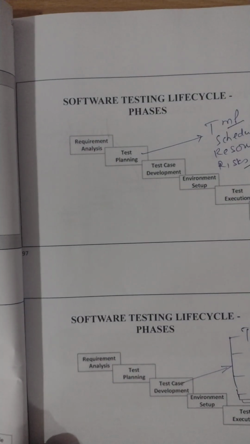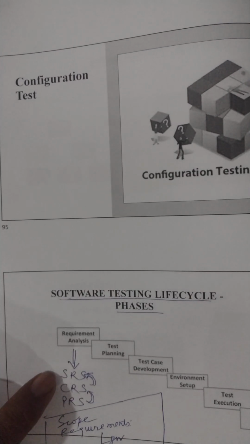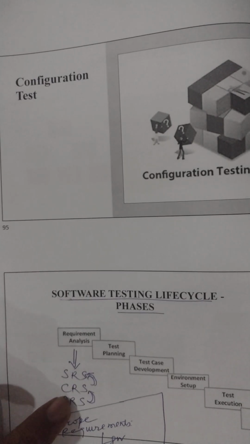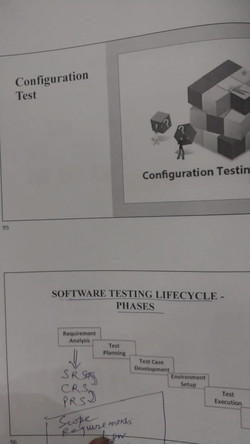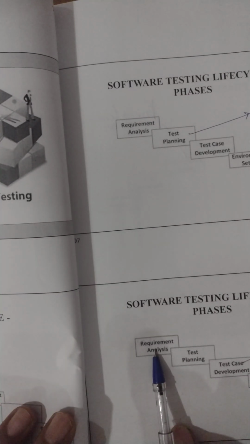And one thing which I missed: as a part of requirement we have system requirement specification, software requirement specification, customer requirement specification, product requirement specification, software requirement, hardware requirement, functional requirement, non-functional requirement. All those things are being covered as a part of this phase.